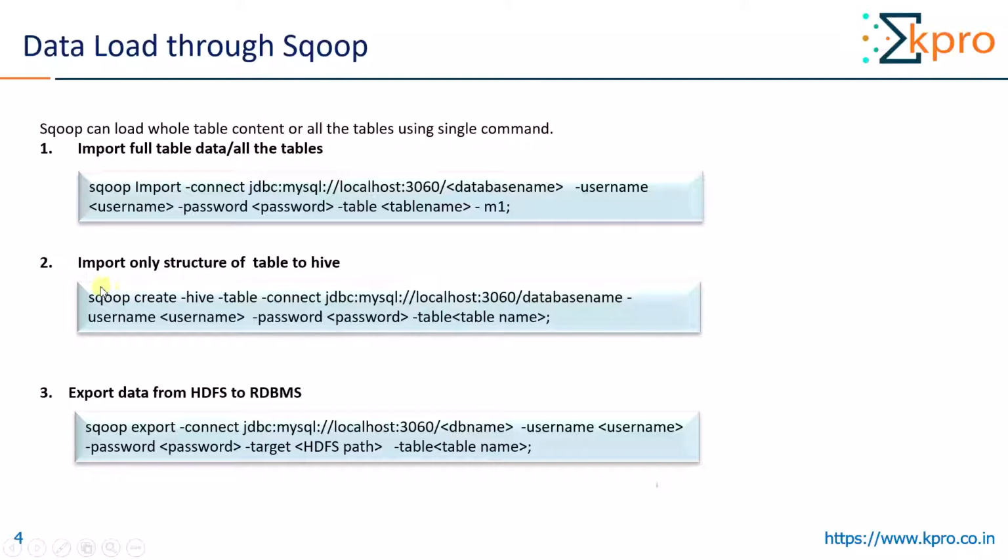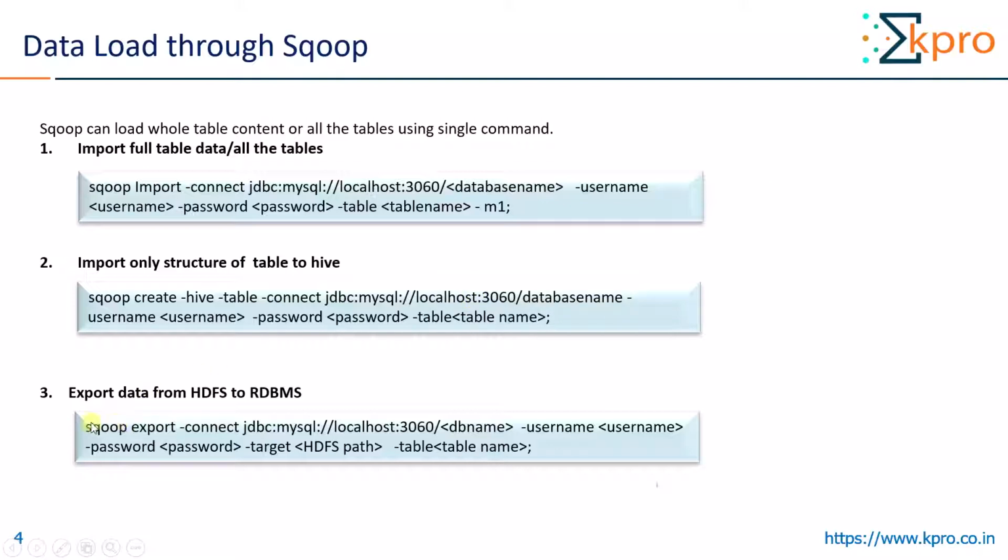The next one is creating the structure according to the RDBMS system's table. So in this also we have to provide a connection string, but instead of import we will be using create here, and in Hive we are going to create a table which is the same as the MySQL RDBMS database.